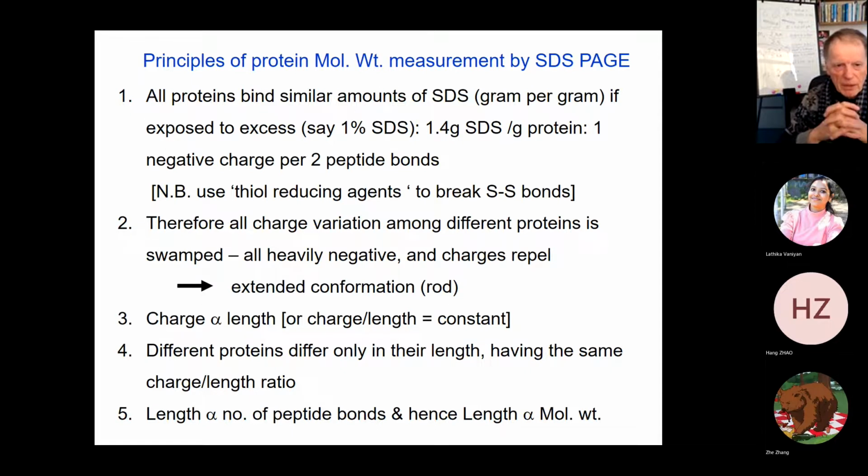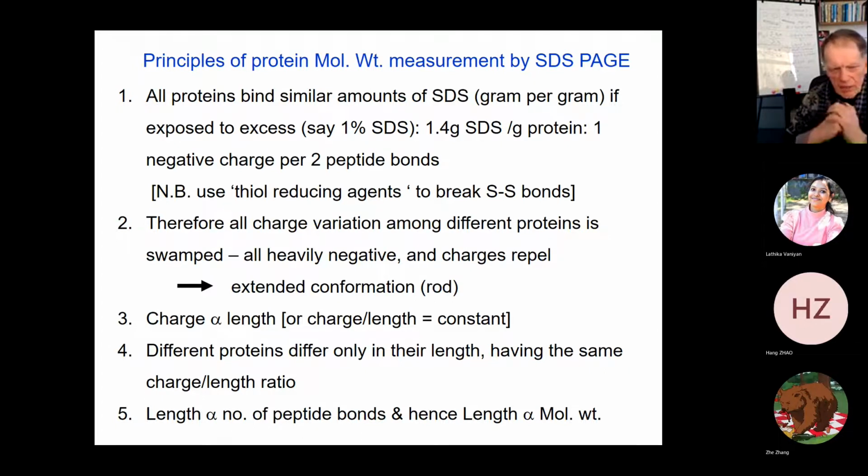To make this work, you have to first of all disrupt any disulfide bonds that form between cysteine residues in the protein molecule. And we've talked about cysteine before. This is the SH group, and the SH groups come together to give disulfide bonds. So you need to first of all break the disulfide bonds by using thiol reducing agents.